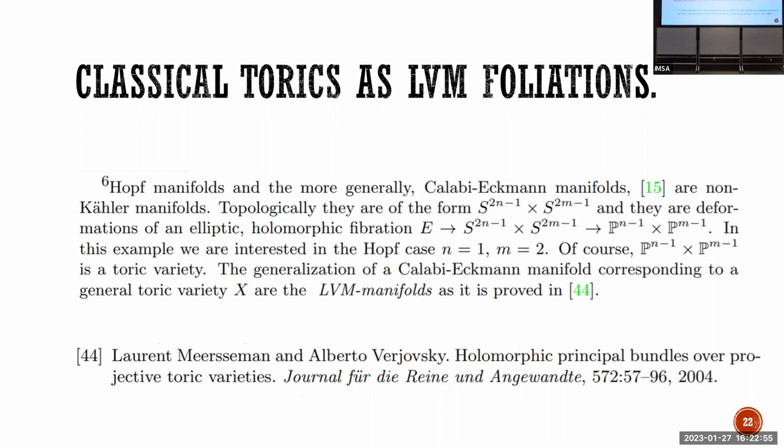In the case in which you have an elliptic fibration, you just get the quotient, the classical variety Pn cross Pn. But in the case where the leaves wind crazily, because now the parameters of the deformation are irrational, or one of them is irrational, you get a non-commutative product of two quantum projective spaces.